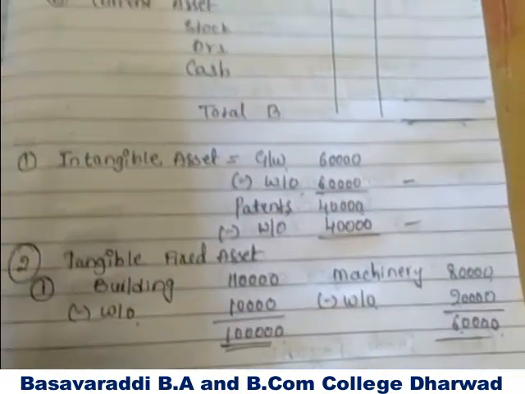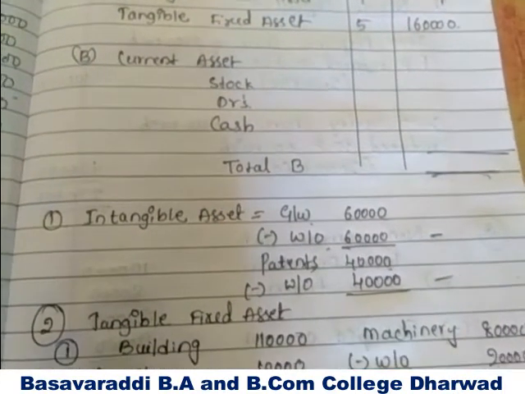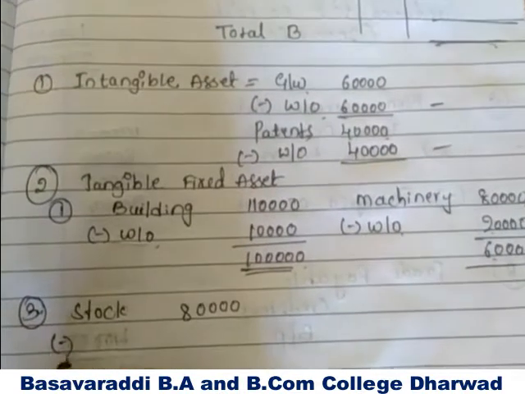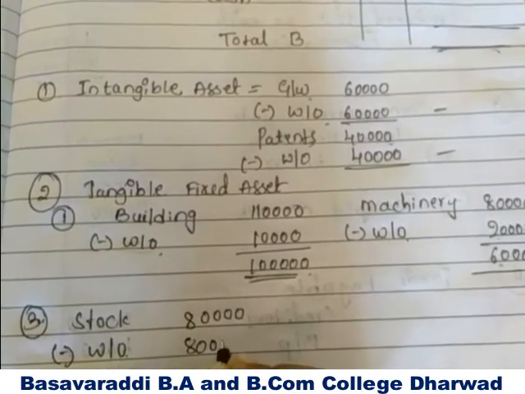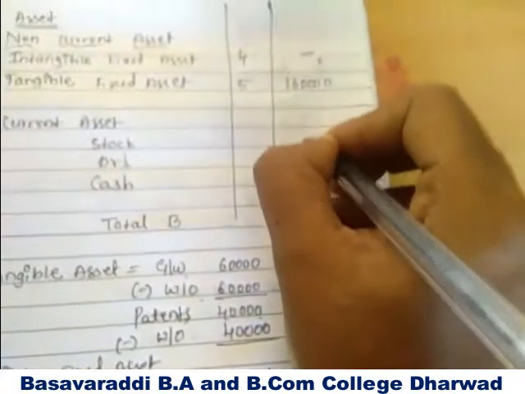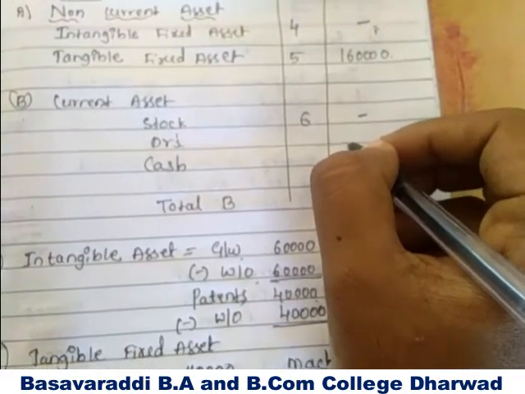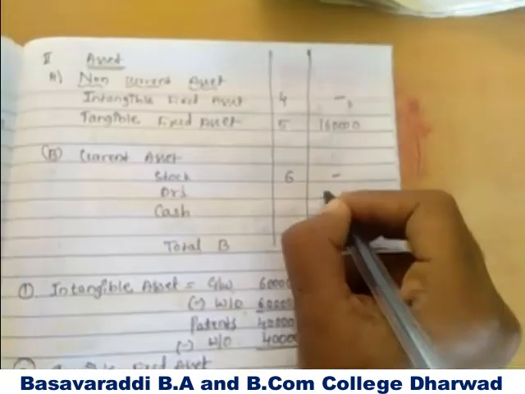Now the next, stock. Third adjustment, stock how much? 80,000 less write off, or amount sacrificed by the debenture holder, 80,000, amount is nil. Working note number 6, nil. Debtors given in the problem is 50,000. And then cash, 7th working note.